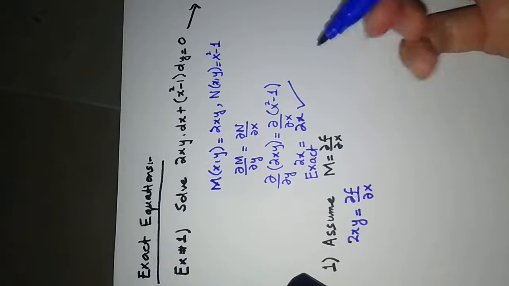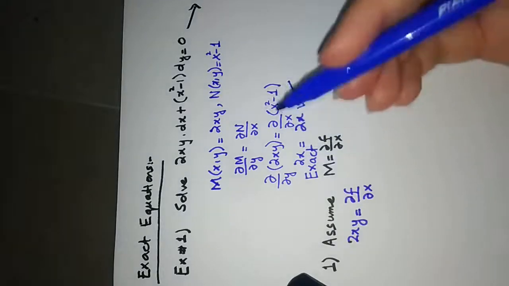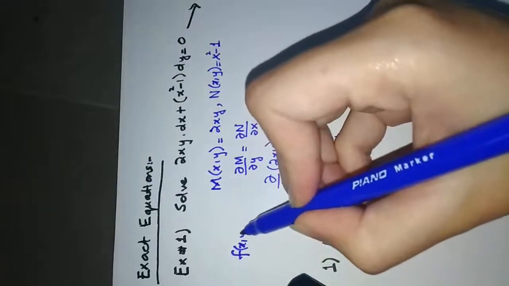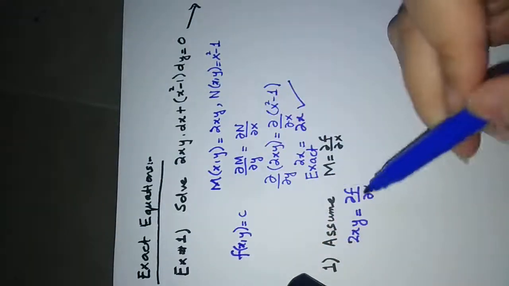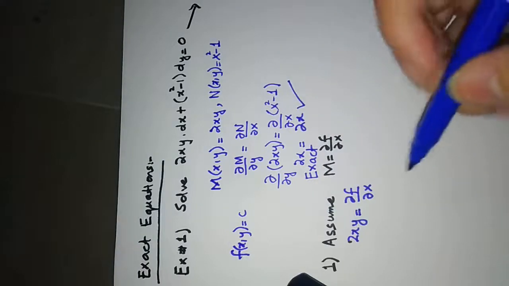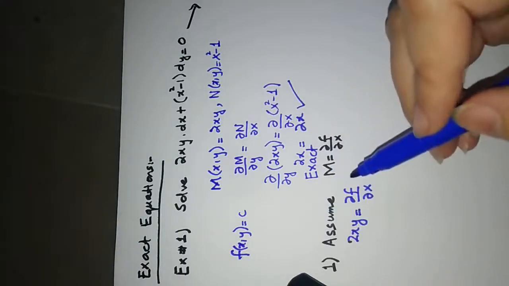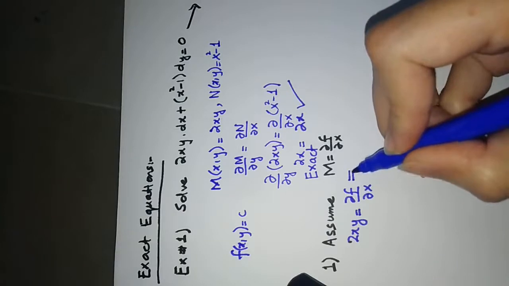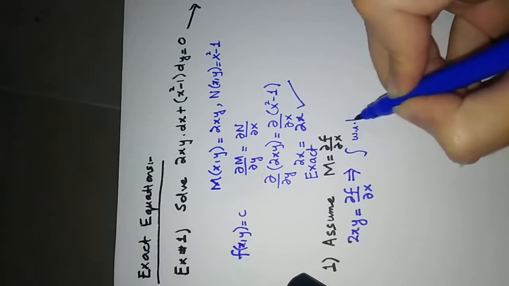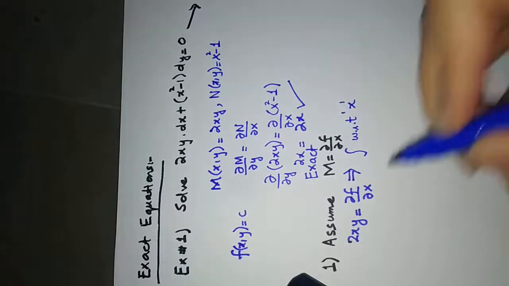So what is the objective? I told you the solution should be of the type f(x,y) equals c. So from here we get the function f. How can we get f? We have to integrate this function with respect to x on both sides.